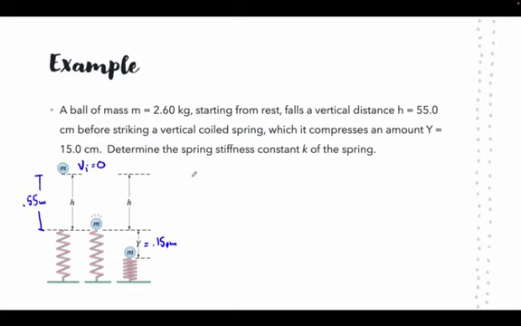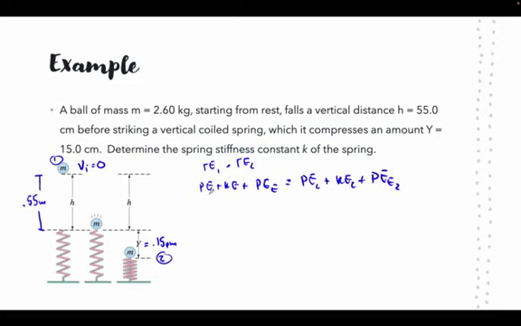Okay, so here, same thing, right? I know that total energy 1 is going to be equal to total energy 2. So I'm going to look at this point as point 1, and this point as point 2, which means that the total energy at point 1, potential plus kinetic plus elastic energy, is equal to potential at 2 plus kinetic at 2 plus elastic energy at 2.